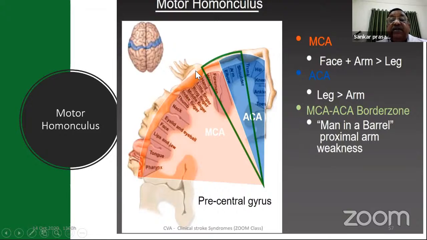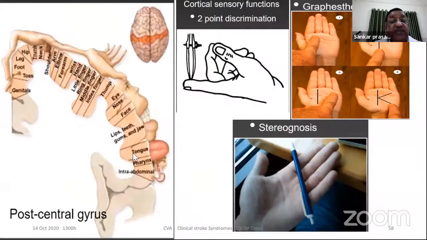This is the middle cerebral artery, which has more of face and arm than leg, and the anterior cerebral artery, leg more than arm. And if there is a border zone infarct, man-in-barrel, proximal arm weakness in this area. So a differential weakness in hemiparesis tells you that it is a cortical stroke, not an internal capsule stroke, which we'll see subsequently.